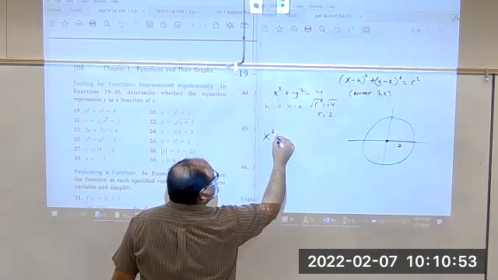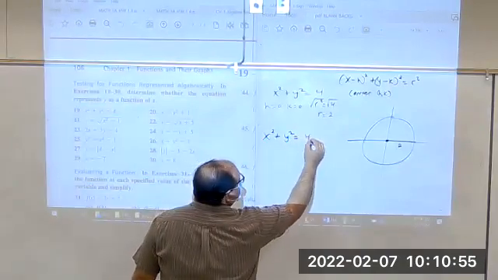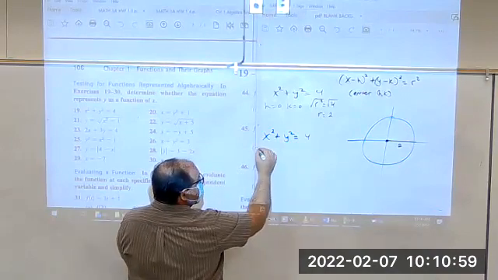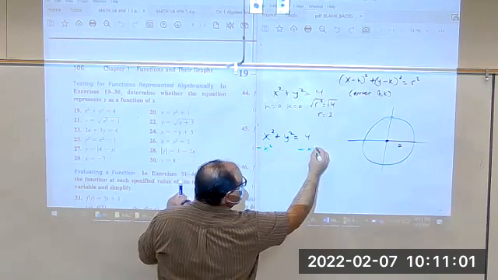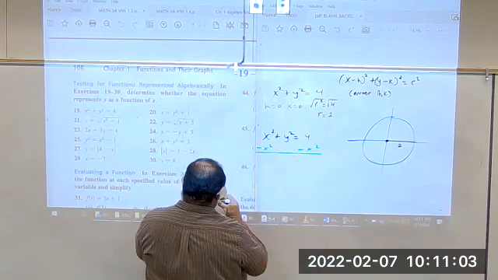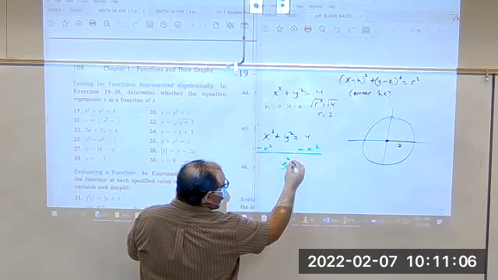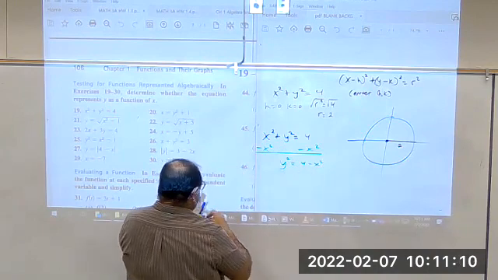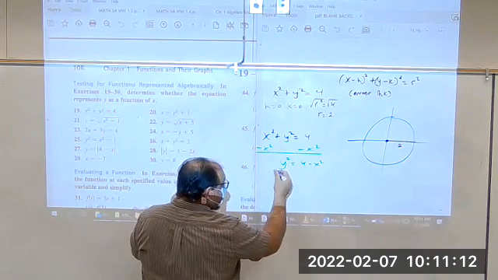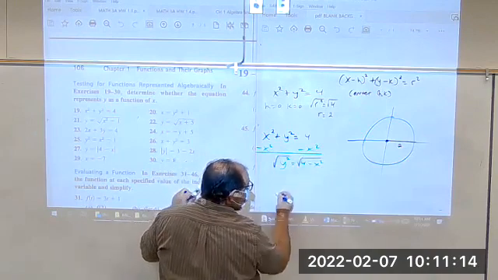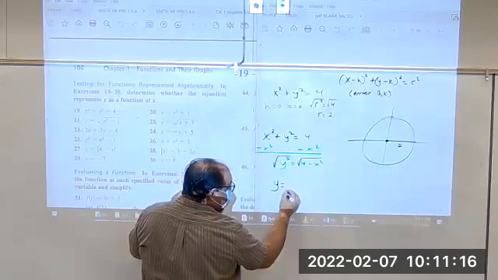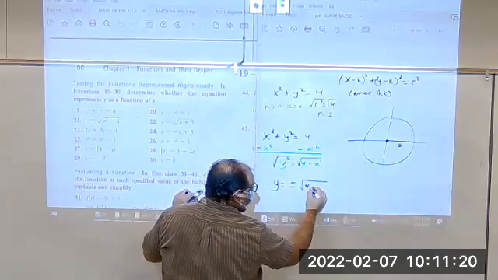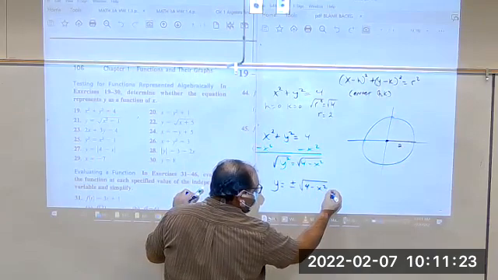Here's how we expect to do this problem. Solve for y. Subtract x squared. And now you have y squared equal to 4 minus x squared. And then we take the square root of both sides. So the value of y is plus or minus the square root of 4 minus x squared.